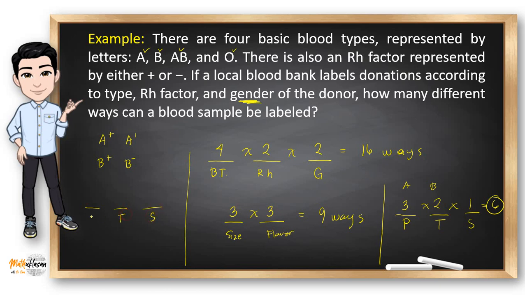So for example, you start with the secretary, you have 3 choices there, and then for the treasurer 2, and for the president 1. So the answer is also 6 ways. But of course, if we have an election for positions, we usually call for the president first, right? So that's why I included the event wherein the president will be chosen first.